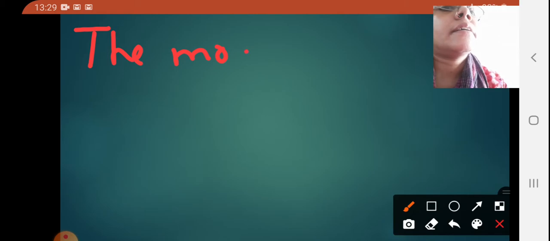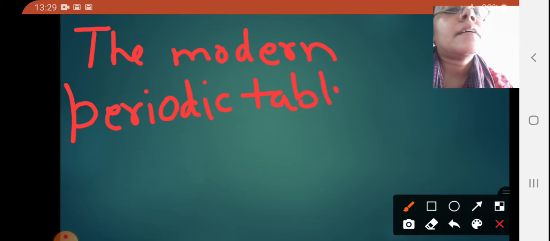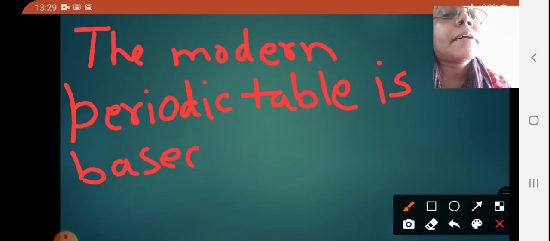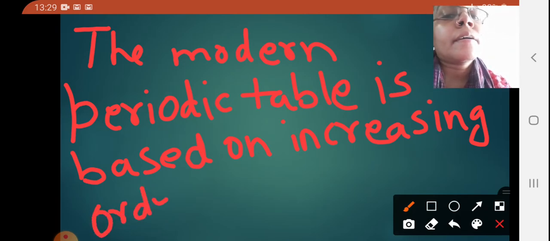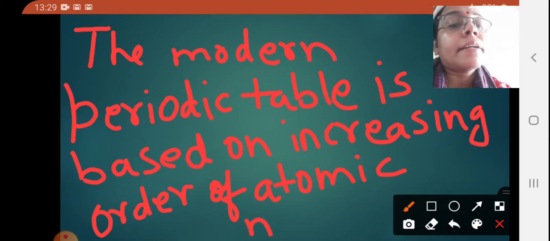The modern periodic table is based on increasing order of atomic number.